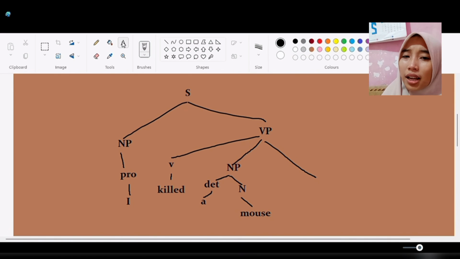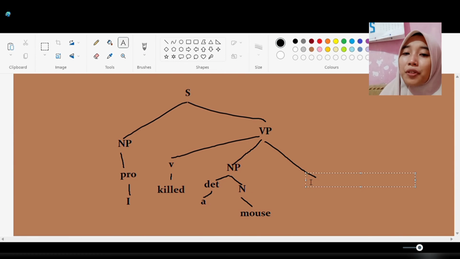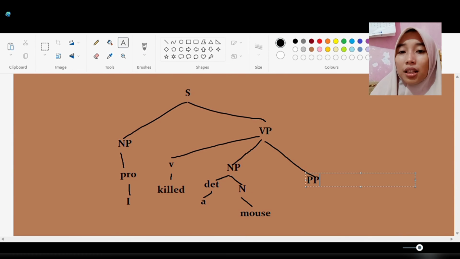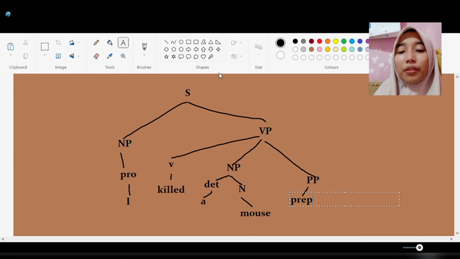And now we have, what kind of phrase is in my pajamas? Yes, that is a prepositional phrase. It starts with the preposition in, and then we have my pajamas. That's also a phrase, and it's a noun phrase.